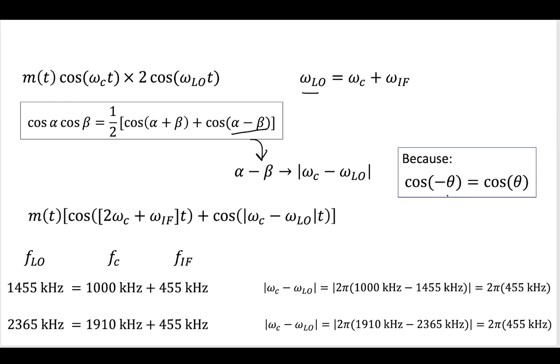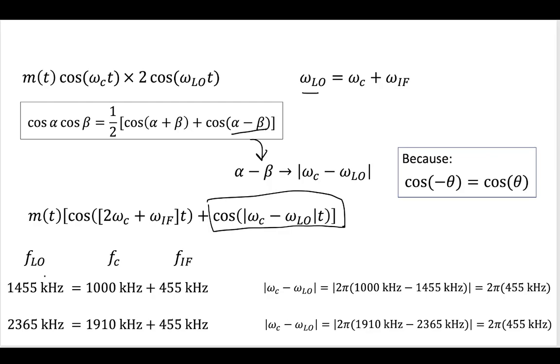And that's because cosine has this property. Now this means that this second term is the term where we're going to do our filtering, our intermediate frequency term. This is our intermediate frequency, and it's a difference between the carrier frequency and this omega low.